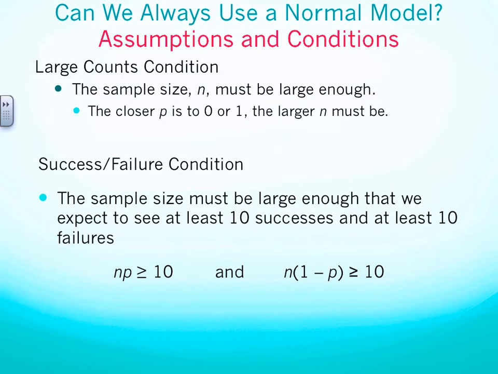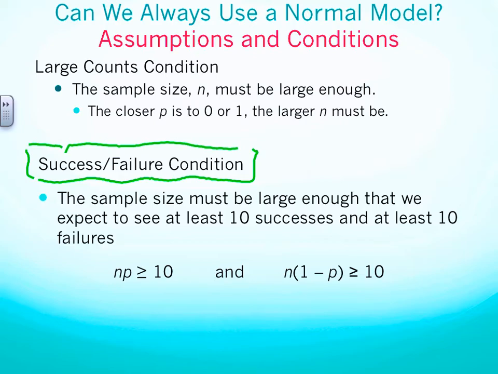The last condition that we're going to check is known as the large counts condition. We have also talked about it, and we've referred to it as the success failure condition. So your sample size n must be large enough. The closer p is to 0 or 1, the larger n must be.